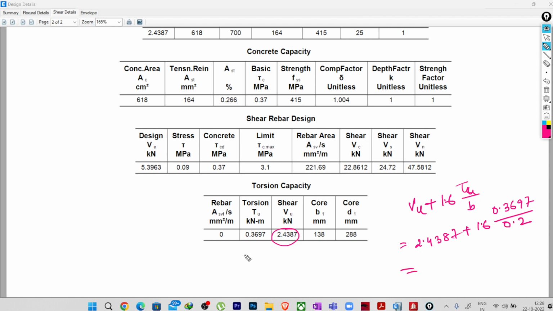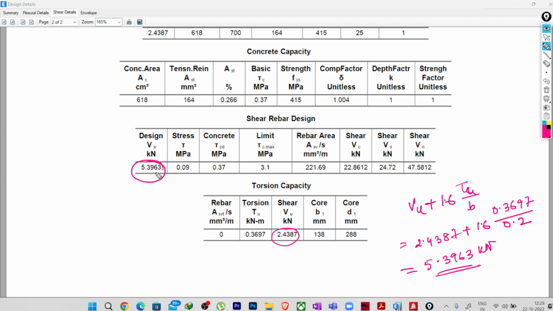Let me know whether you are getting this value here. How much are you getting? Exactly the same. So it is 5.3963 kilonewton, even as per our manual calculation.